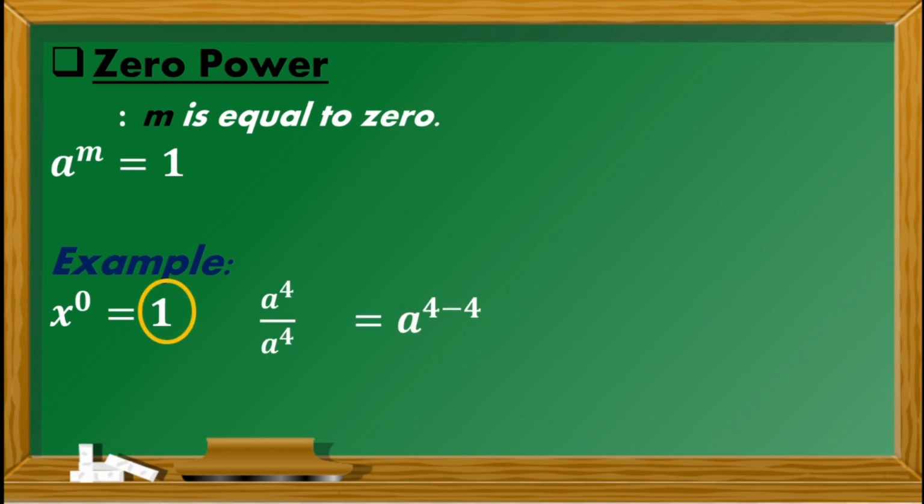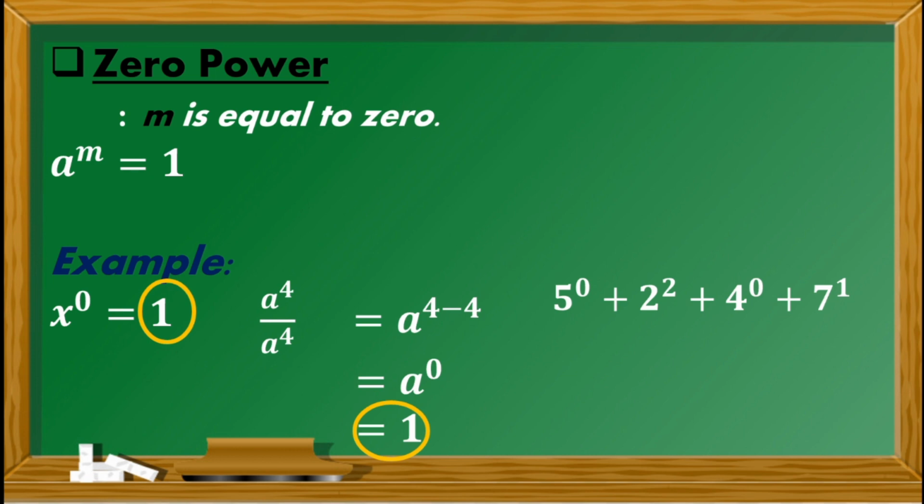Another example, a raised to 4 over a raised to 4 equals, yung kanina nating halimbawa, kapag ganitong form siya, ay ima-minus natin yung exponent. So, a raised to 4 minus 4 equals a raised to 0. And a raised to 0, dahil siya ay 0 na ang exponent, siya ay equal to 1.